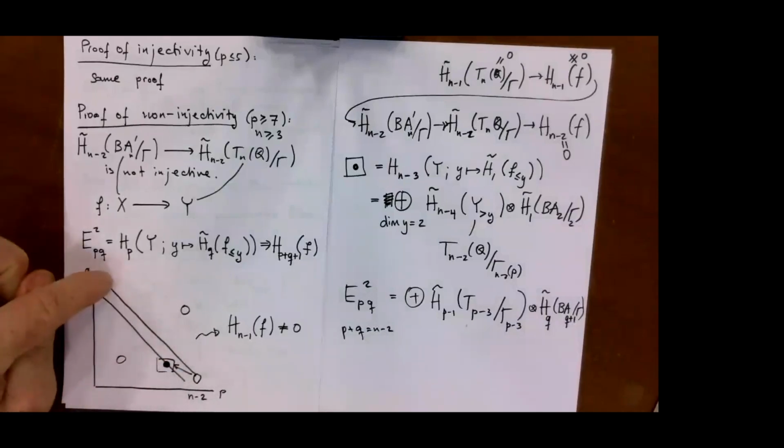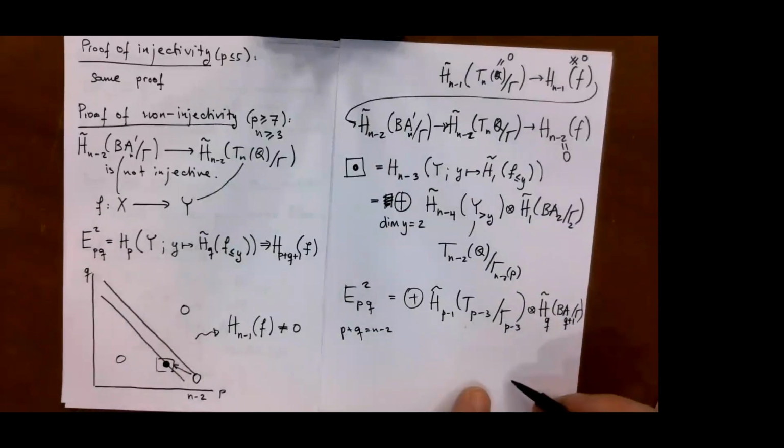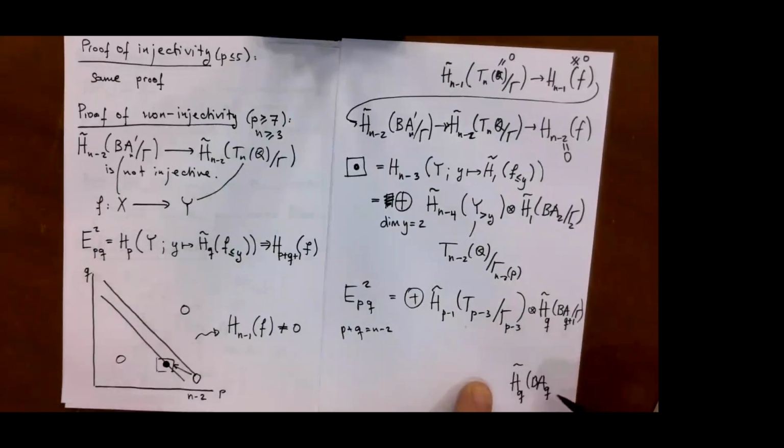Here on that side, it's even harder, because on that side you're going to have HQ of BAQ coming in, and this we really have no idea what that is.